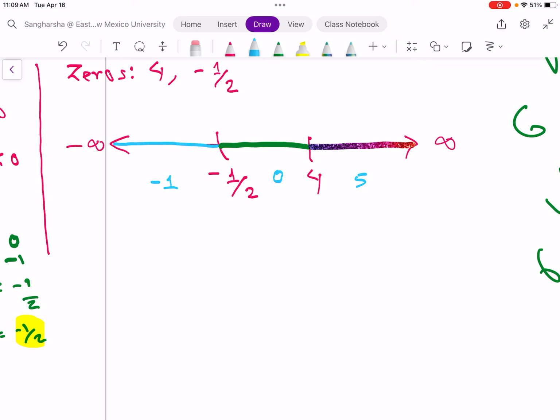Okay, now we need to check all these numbers. We need to check whether -1 is a solution or not. We also need to check whether -1/2 is the solution or not. 0, 4, and 5. Now let's check whether these are the solution for our inequality or not. Now let me write my inequality.